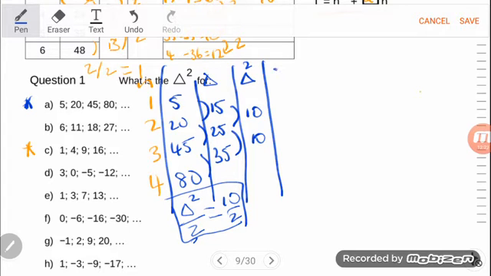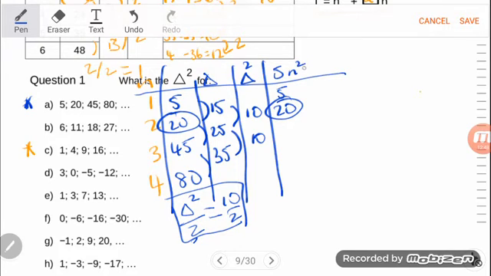So let's try 5n squared, shall we? When n is 1, n squared is 1. N squared times 5 is 5. When n is 2, 2 times 2 is 4 times 5 is 20. Is this matching our terms? Yes, it is so far.